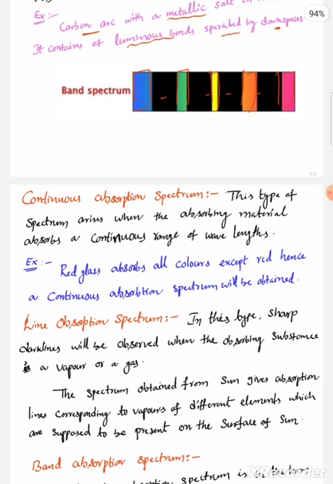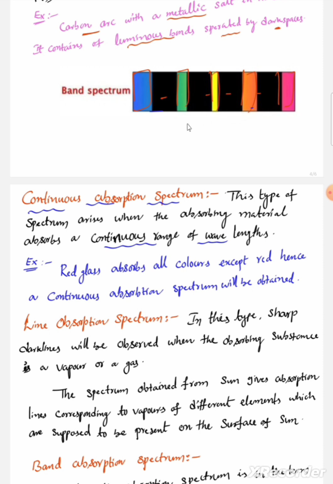Next, the continuous absorption spectrum. This type of spectrum arises when the absorbing material absorbs a continuous range of wavelengths, continually from here to here.